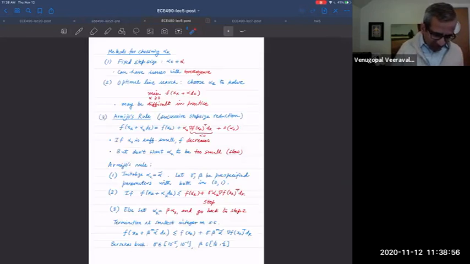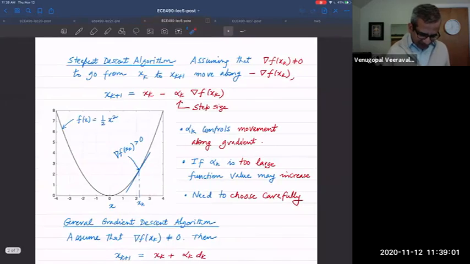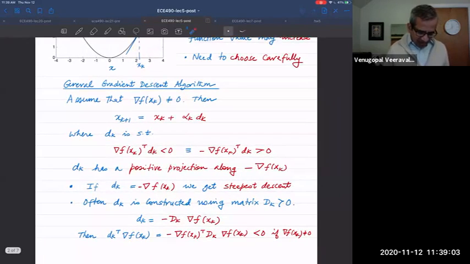If you remember when we started talking about gradient descent in lecture 5, we said that any direction that has a positive projection along the negative gradient is a descent direction. What does it mean when we say something is a descent direction?